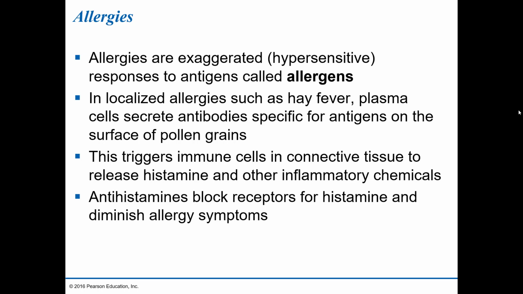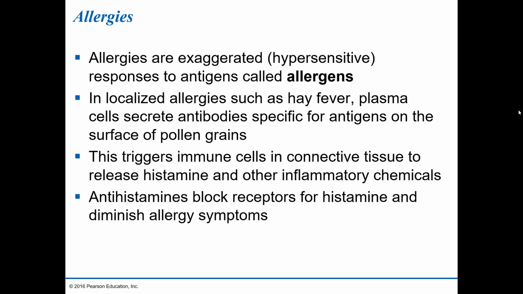And this triggers the immune cells in the connective tissue to release histamine, which is an inflammatory type chemical. So the pollen is in your nose, your sinuses, your lungs, and you get this inflammatory response. The nose gets clogged up, you're coughing, mucus is formed, that kind of thing.